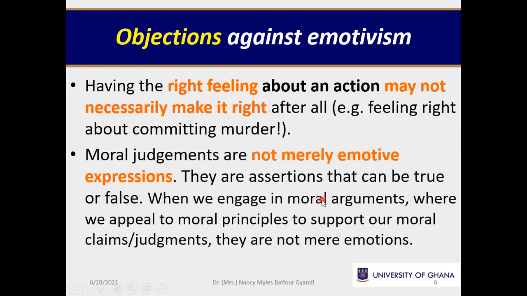So the emotivist rendering every moral claim as feelings has not really shown us the standard of right and wrong. If I feel good about something, that in itself doesn't make it right. And if I feel bad about it, that doesn't make it wrong. So how do we establish right and wrong? The emotivist should tell us that.